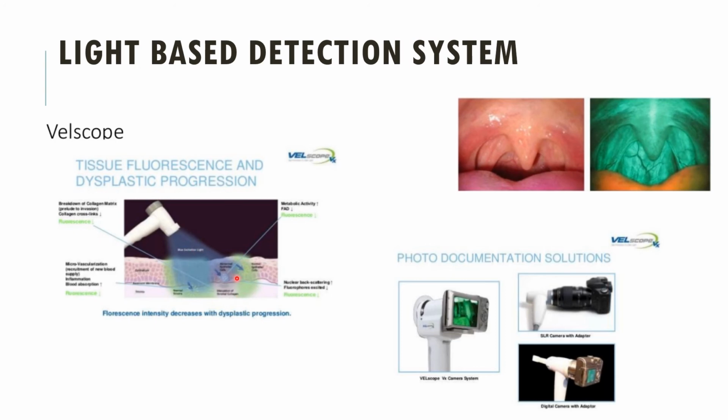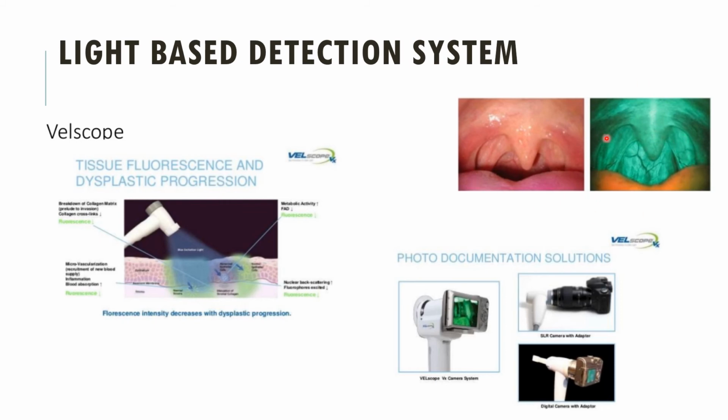And over here you can see that if there's a lesion present, it will appear darker than the adjacent tissues. So this is the VELscope, which is a tool for tissue fluorescence and dysplastic progression, used to detect oral cancer. This is how it is, the VELscope versus the camera system. This is how it looks. When you're emitting the light, the normal tissue will emit this green light.